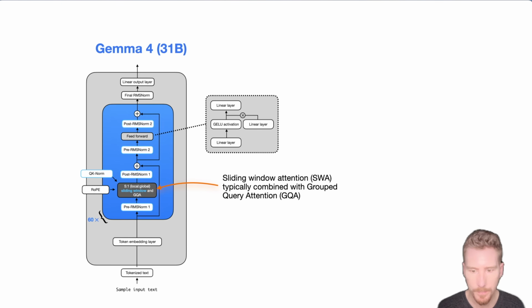That's why they did a 5-to-1 ratio, which means they have 5 sliding window layers, then 1 global layer, and then 5 sliding window layers, and so forth. So every 6th layer is a global regular layer where it can access everything. If there's important information, it's not lost. It can still be accessed, but not at every layer. It's just to make it more efficient that way.